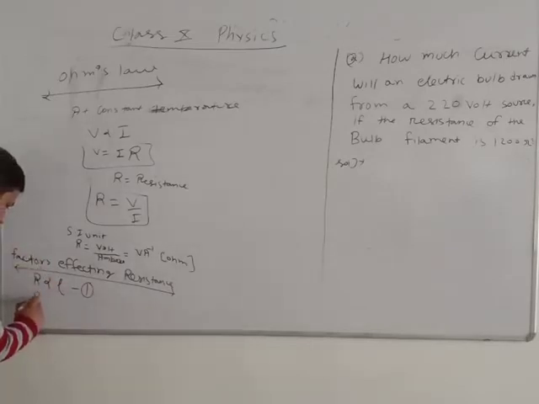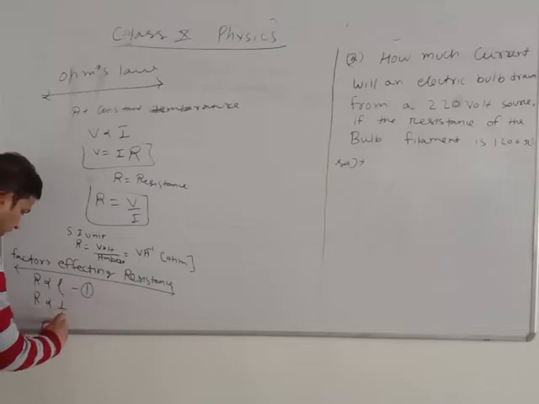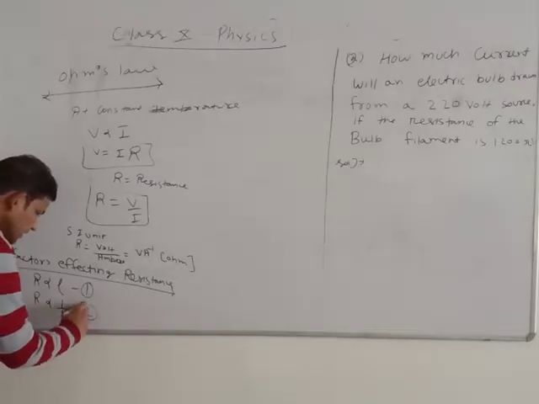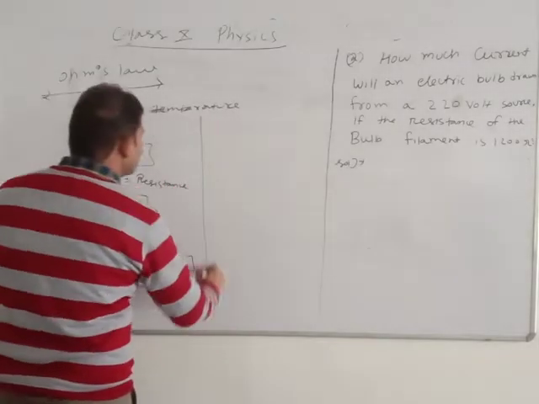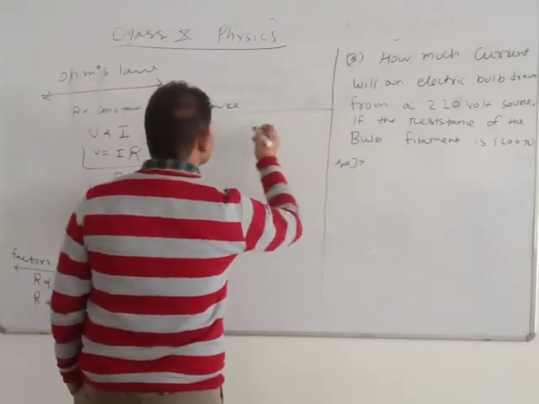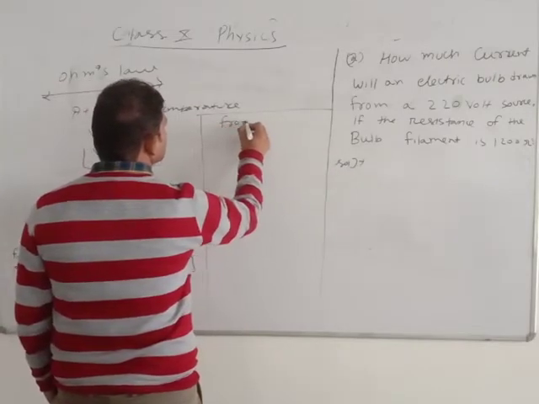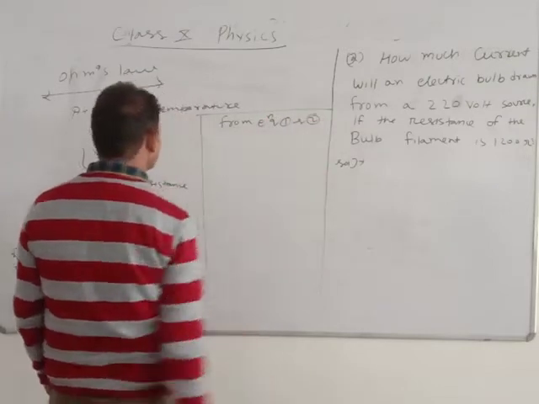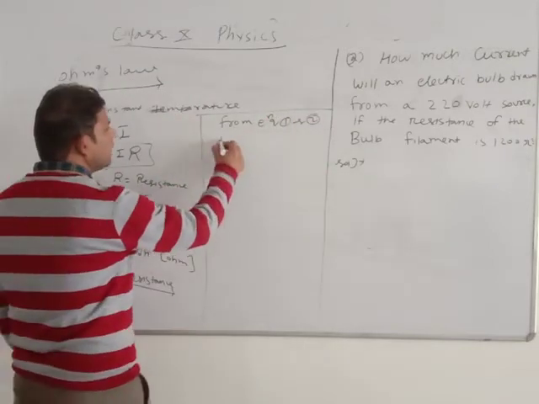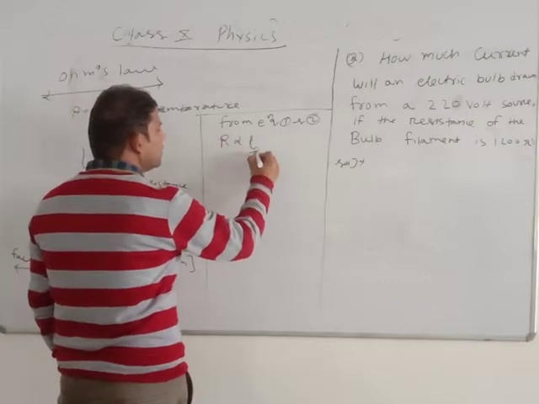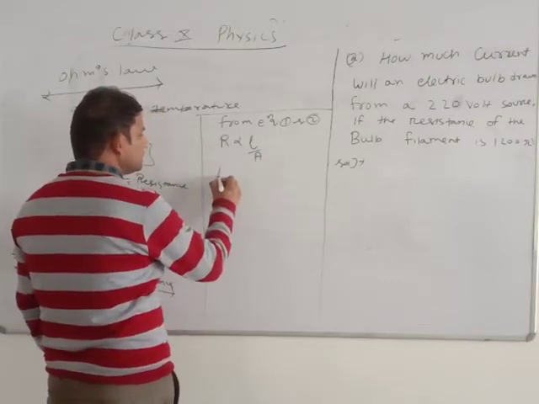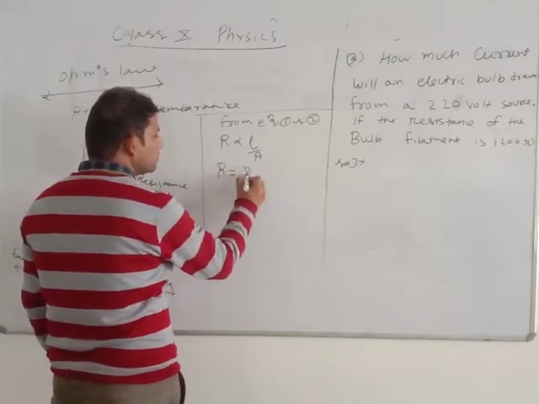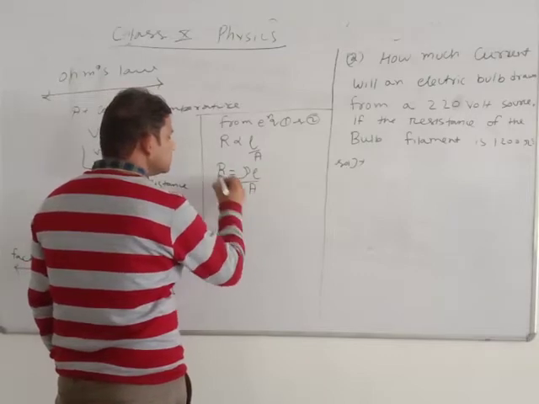If we increase the area of the wire, then resistance is decreased. From equations 1 and 2, R is proportional to L upon A, it means R equals rho L upon A.